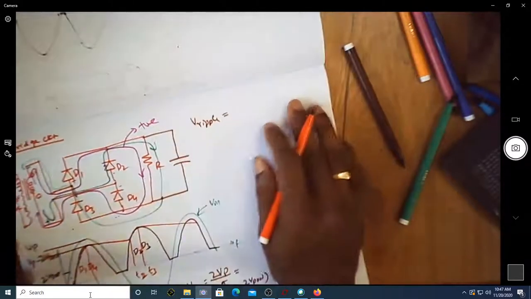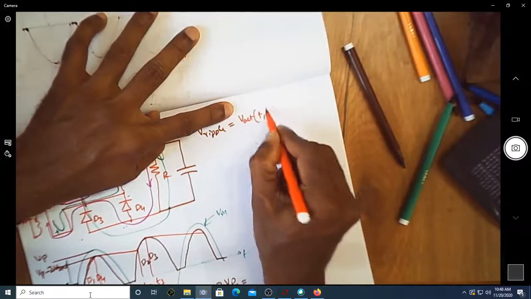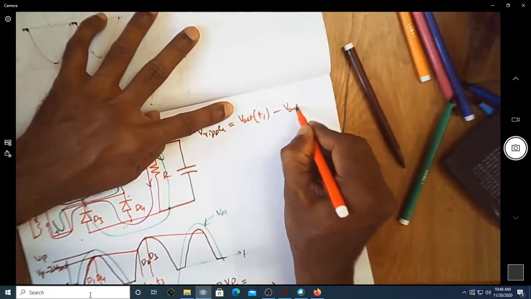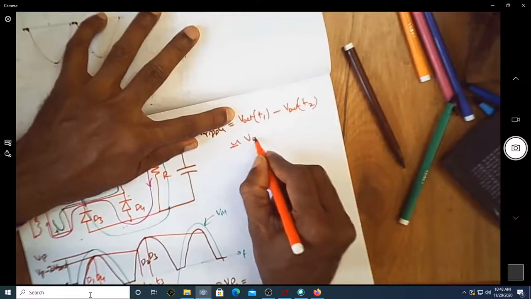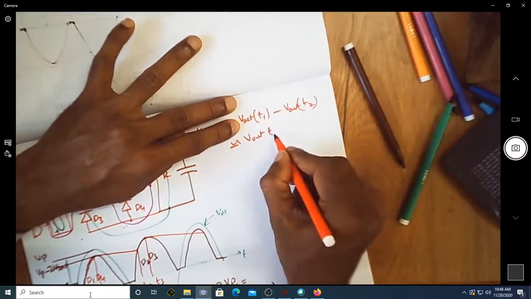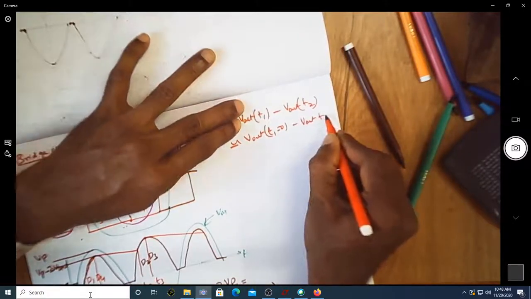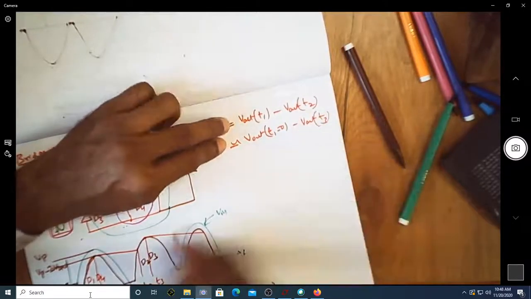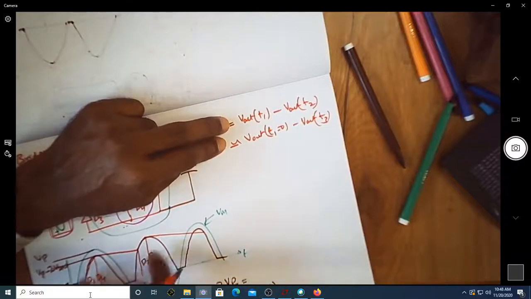So as we did in the earlier case, V ripple is V out at T1 minus V out at T2. To be exact, approximately it is V out at T1, which is equal to 0, minus V out at T3, which is half of this, capital T by 2. This is half of the waveform.